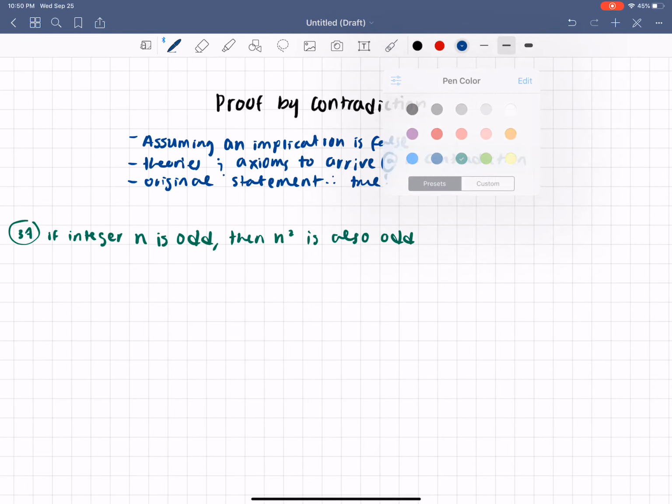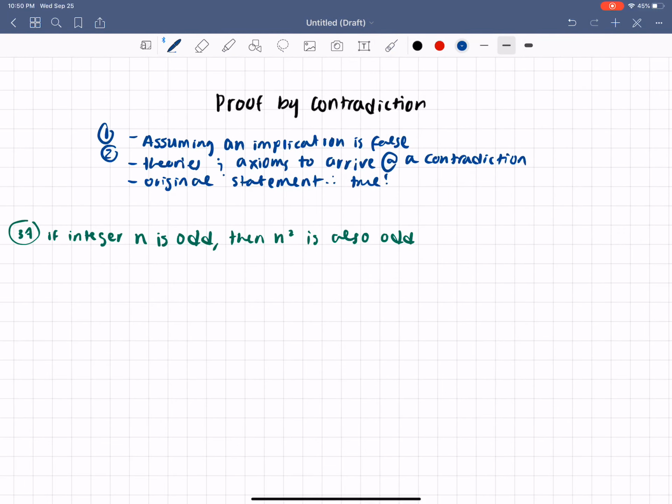So based on what we listed out here, our first step is to assume the implication made is false. So we're going to assume that n squared is even. We're assuming the opposite.